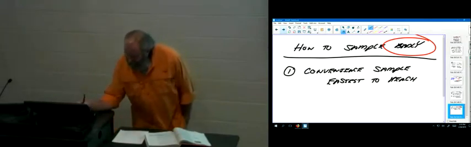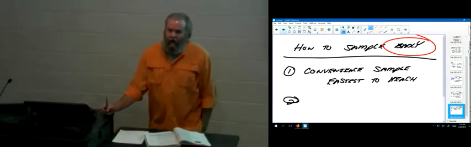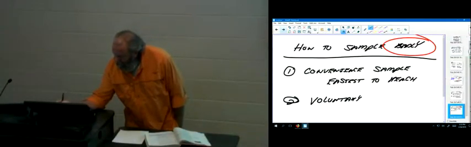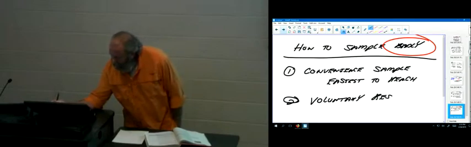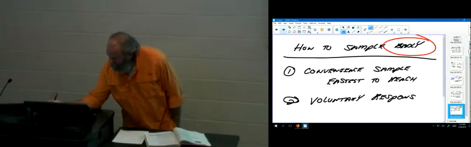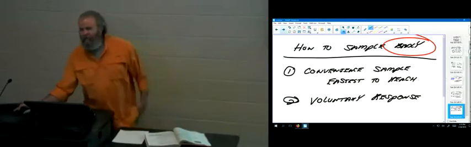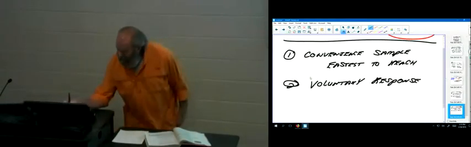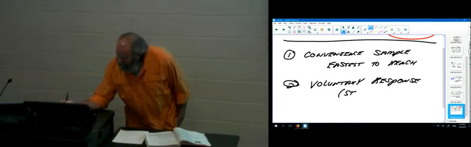Number 2, there's something called voluntary response. Yes, it's a voluntary response sample. And I'm going to give you another term, self-selected.